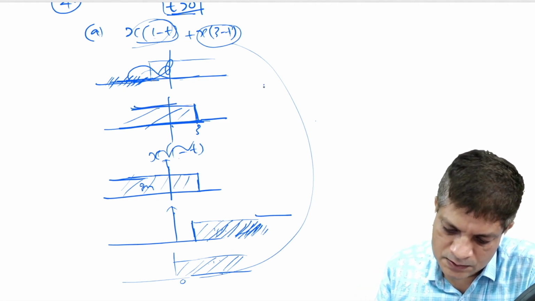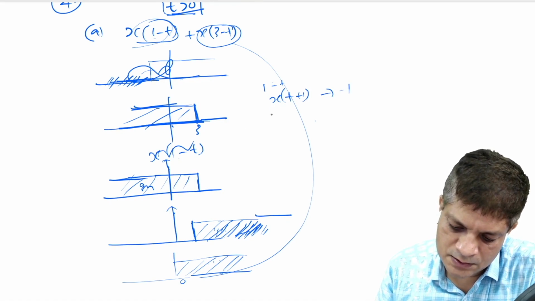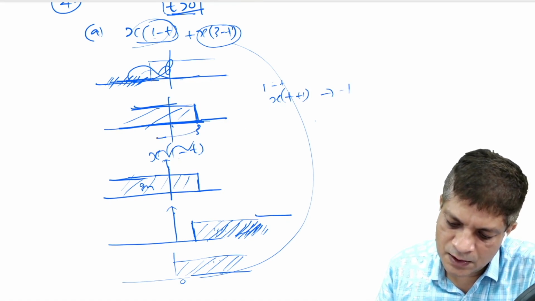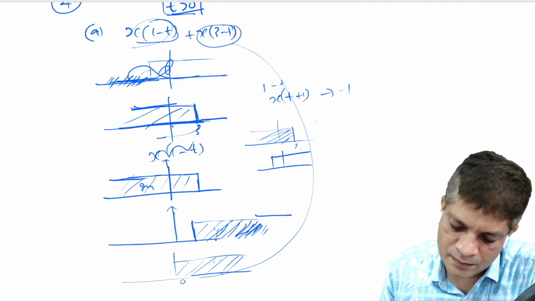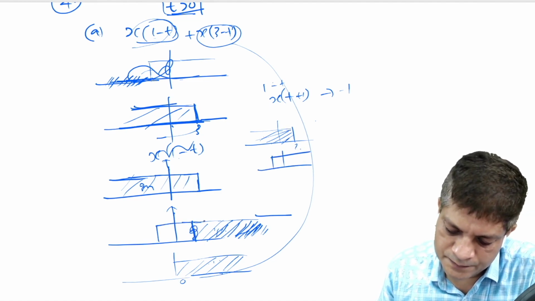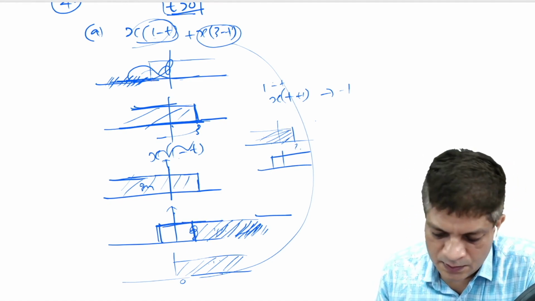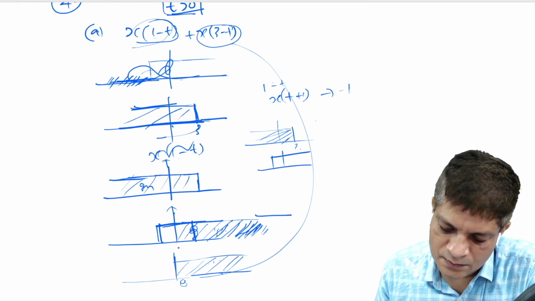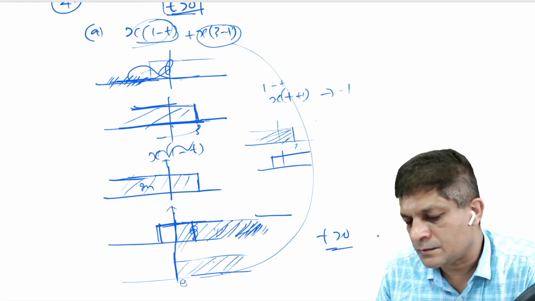So 1 minus t means first take t plus 1 and then take the mirror image. t plus 1 means you shift it left by 1. That would be something like this. This part will be 0 and you take the mirror image. It is this one. Okay, this minus 2, and in this case it is 0. So yes, the sum of these two is guaranteed to be 0 for t greater than 0.